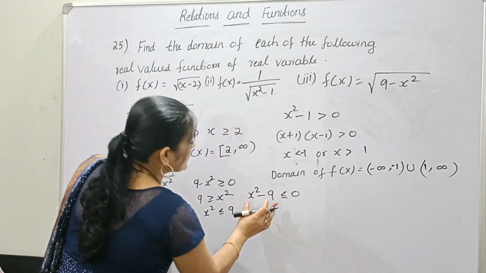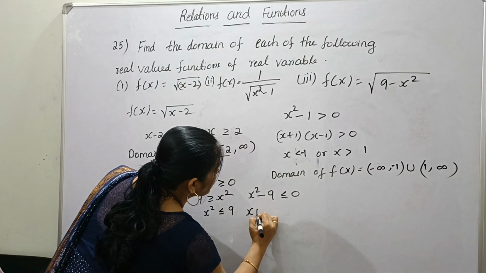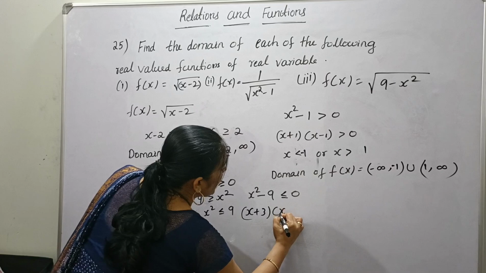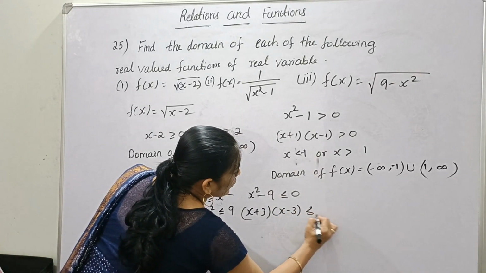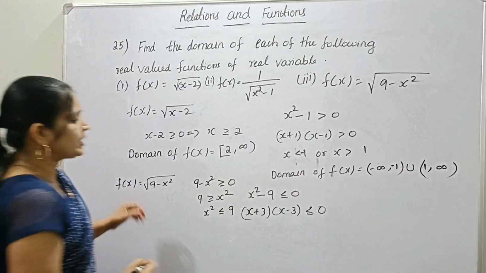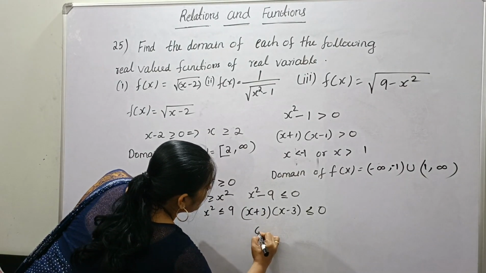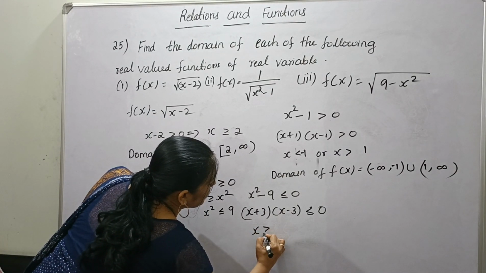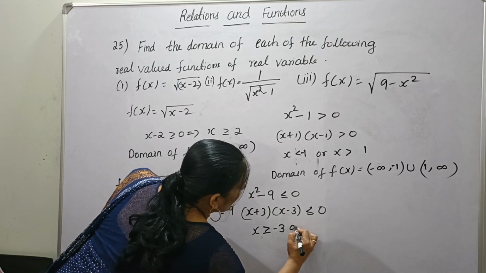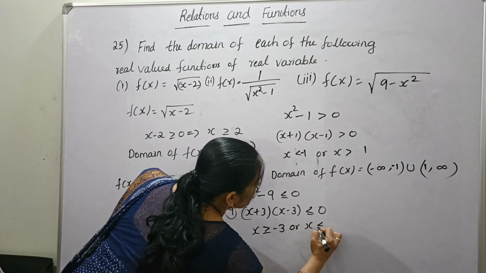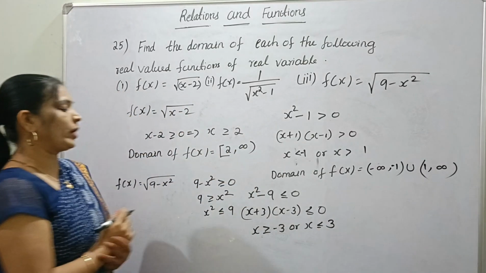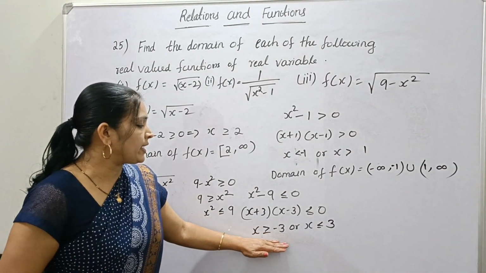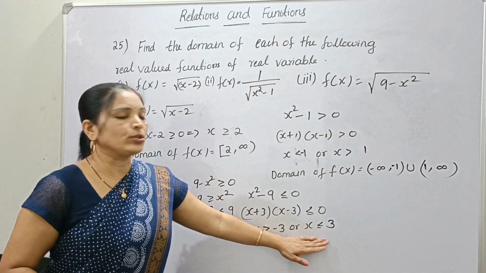So x square minus 9 can be written as x plus 3 into x minus 3 less than or equal to 0. That implies x greater than or equal to minus 3 and x less than or equal to 3.